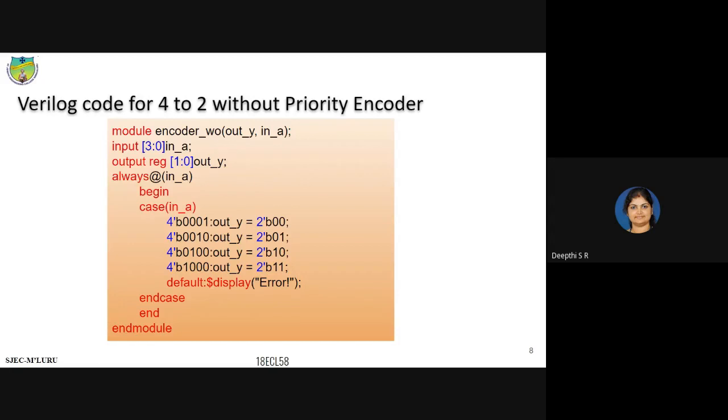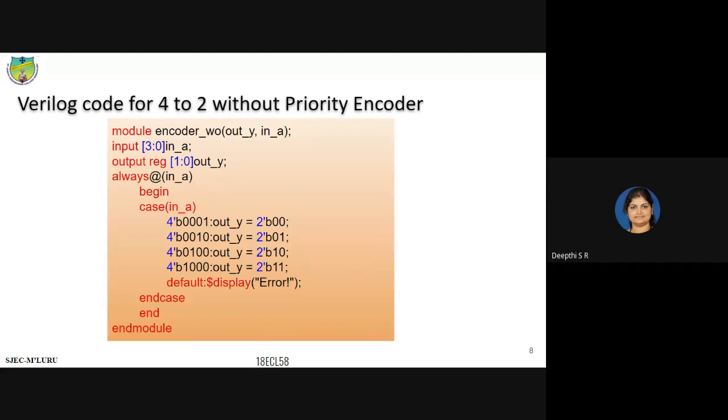What about output? Output is 2:0. So it is 3-bit. That is the one change you have to make.